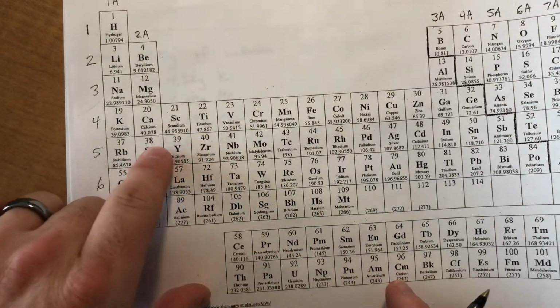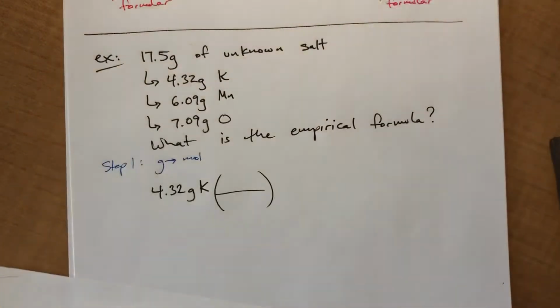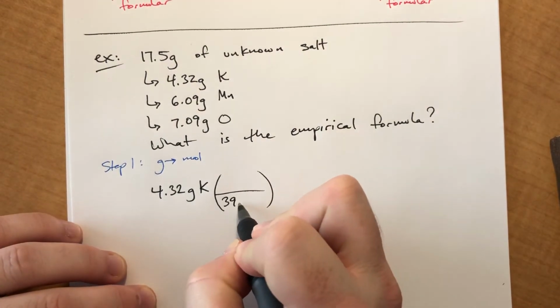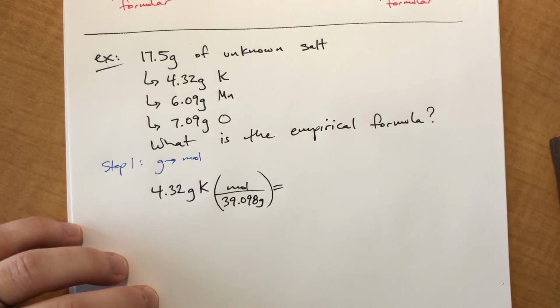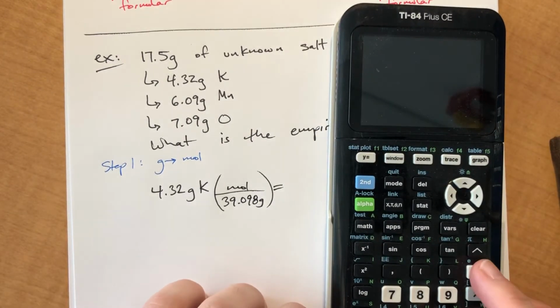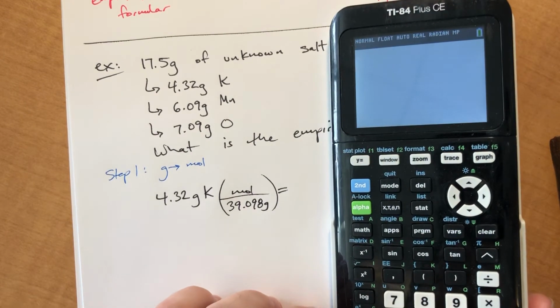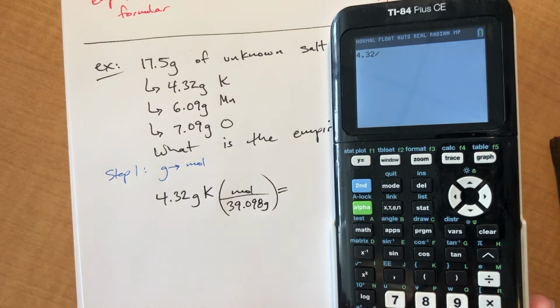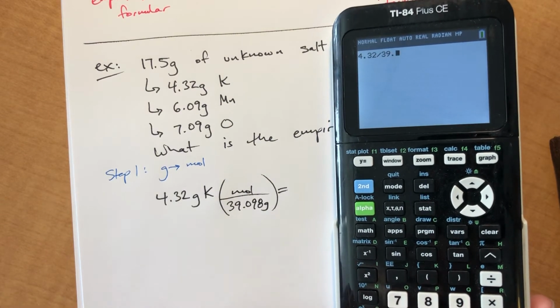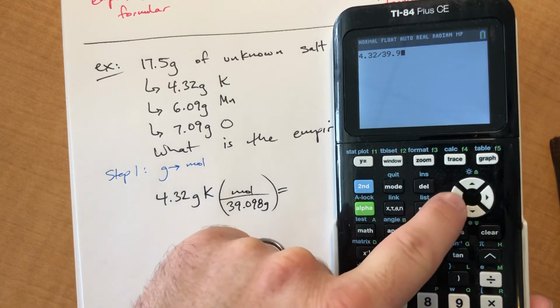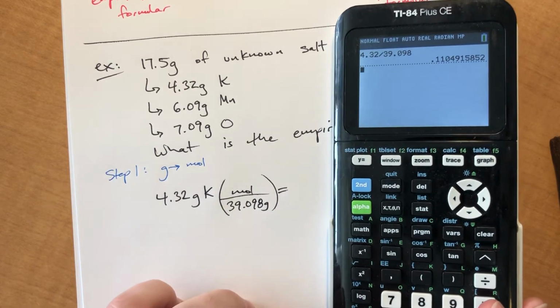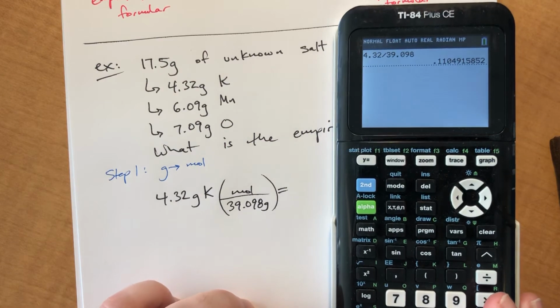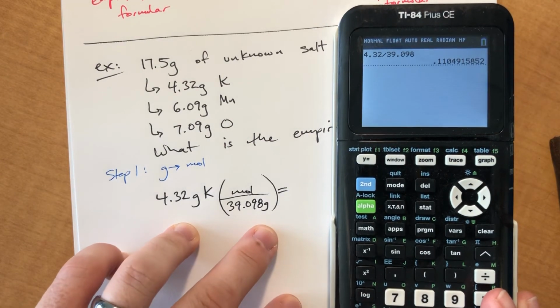Potassium's molar mass is 39.098. That will get you moles. So we take 4.32 divided by 39.098, and we get 0.110, 3 sig figs.